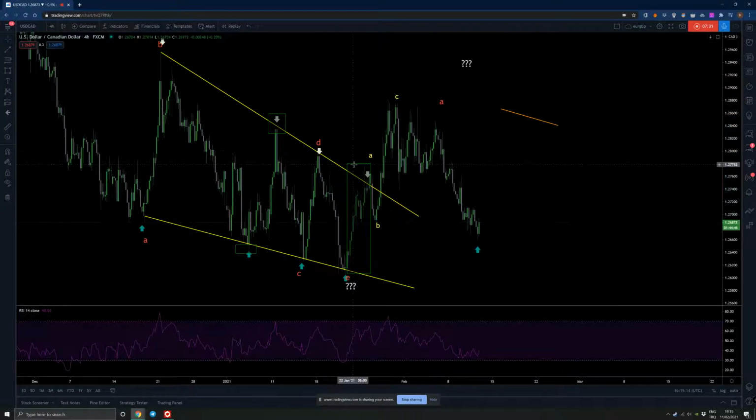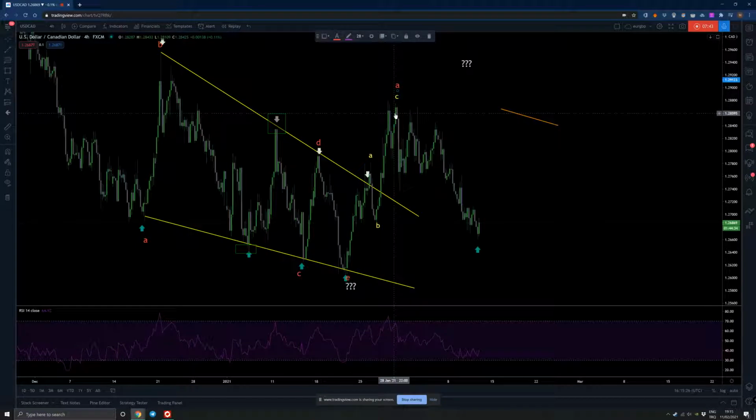You can ask yourself, does this A, B, and C end something? So does this end here or no? What I mean is, does this wave A on red, is it a simple correction or a complex correction? If it's a simple correction, it has to do something, and that something is this.